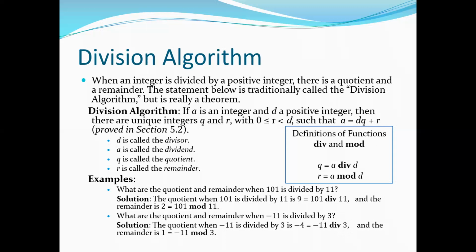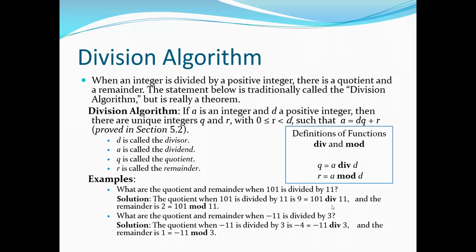So what will be the number to be added to negative 12 to give us negative 11? It's 1. So negative 4 times 3 plus 1 will yield negative 11.